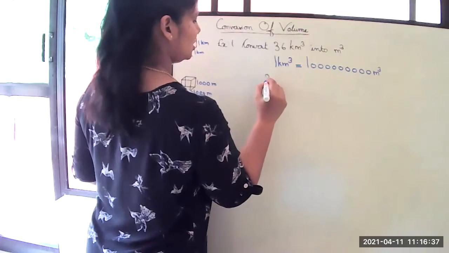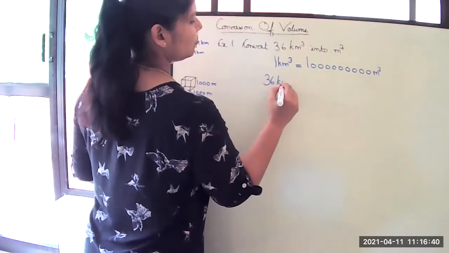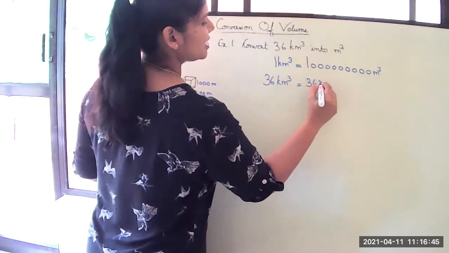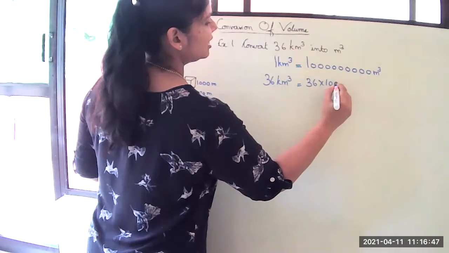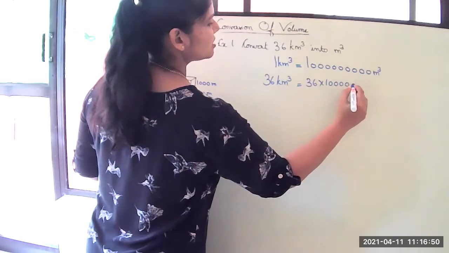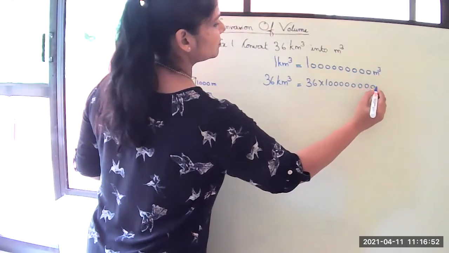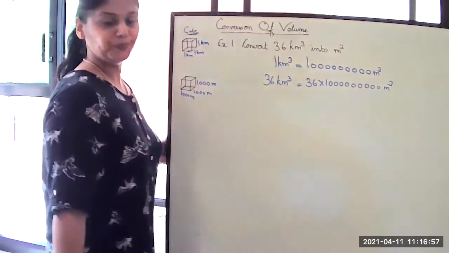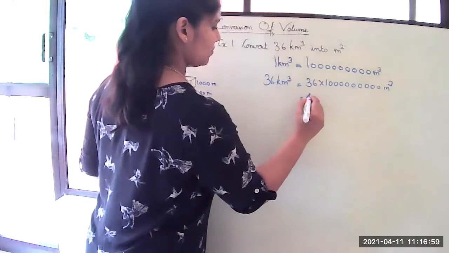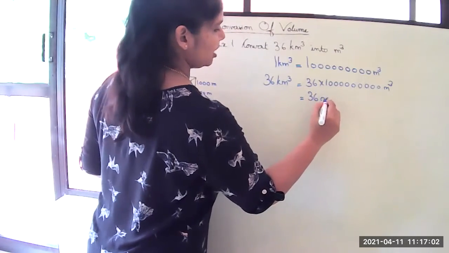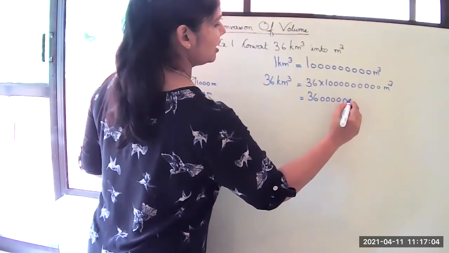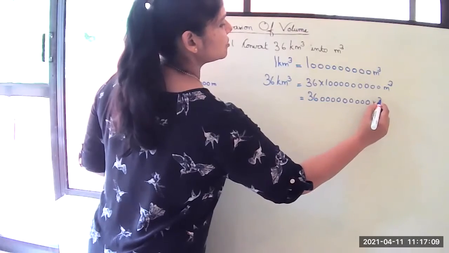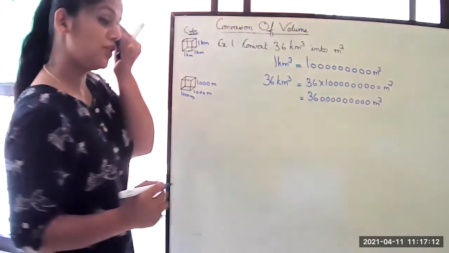Always. So 36 kilometer cube is equal to 36 multiplied by 1 and 9 zeros. Unit is meter cube. So this is equal to 36 followed by 9 zeros. Such a huge number.